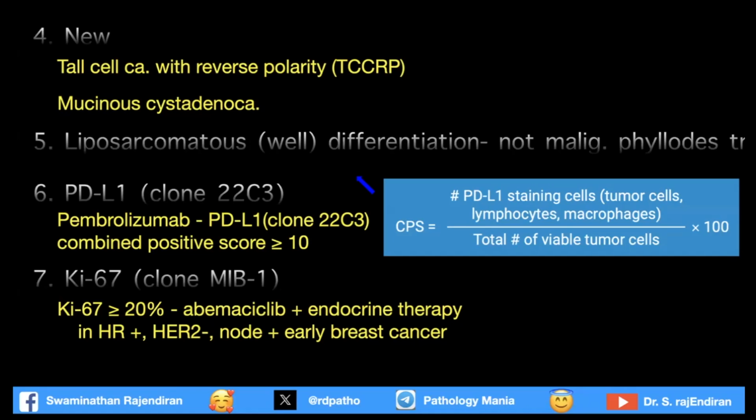And Ki67 index, clone MIB1, if it is more than 20, again, they give specific treatment along with endocrine therapy in hormone positive, HER2 negative, node positive, early breast cancers. So these are all the 7 changes that are new now.